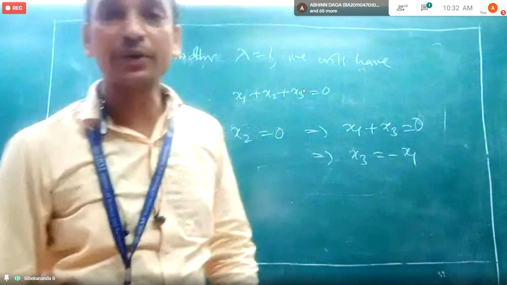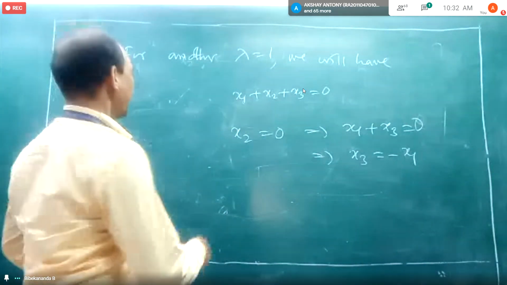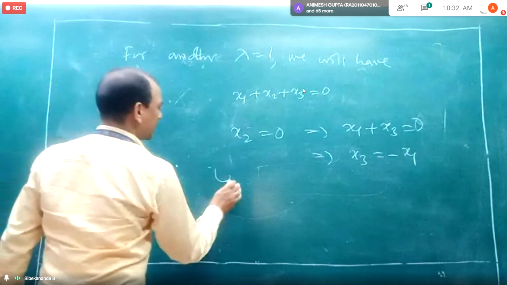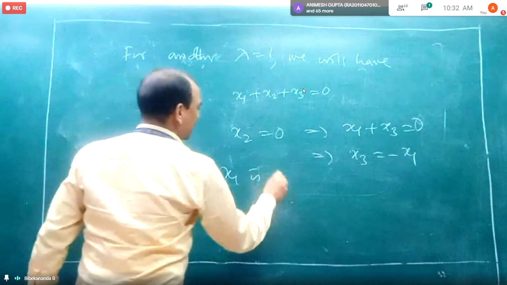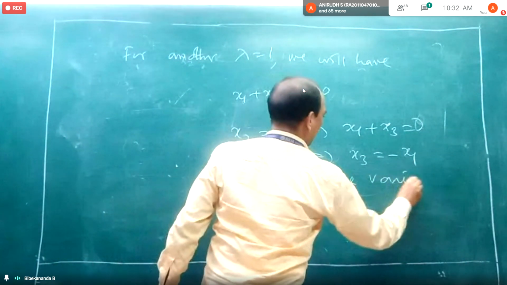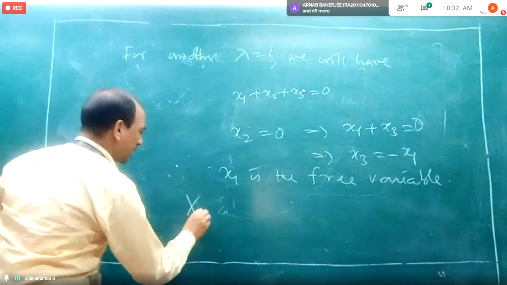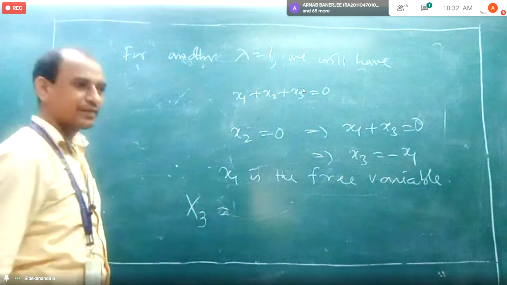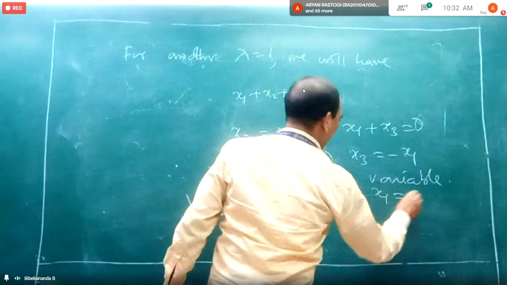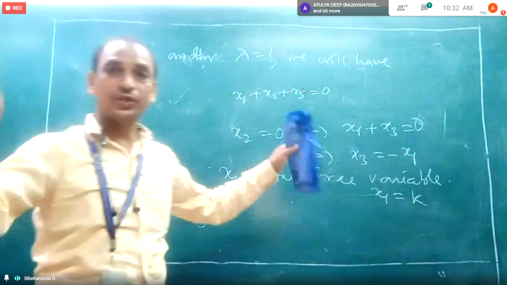Then what is the free variable here? x1. Therefore, take x1 as the free variable. x1 is the free variable means you can take x1 equal to k.